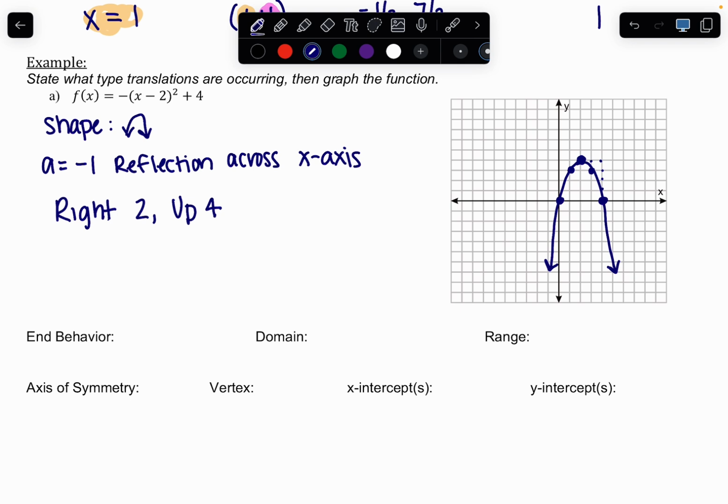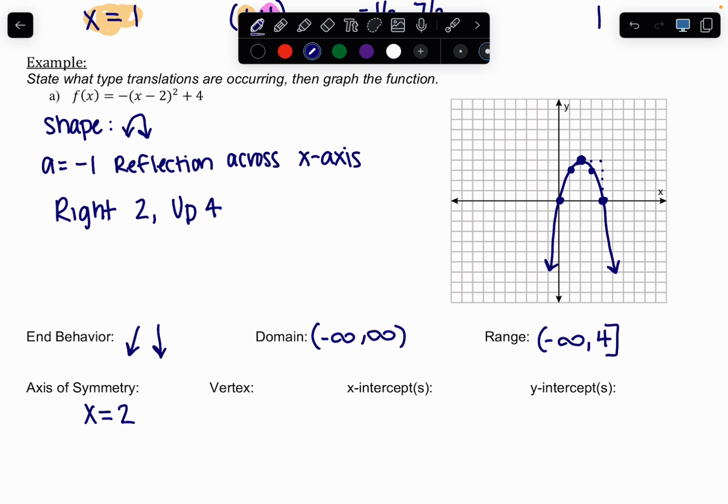All right, end behavior. Down, down. Domain. -infinity to +infinity. Range. -infinity to 4. 4 has a bracket. Good. Axis of symmetry. X equals 2. X equals 2.